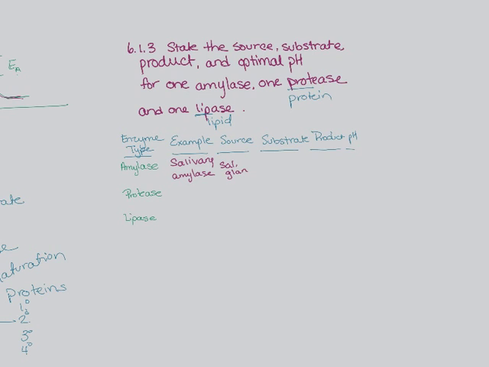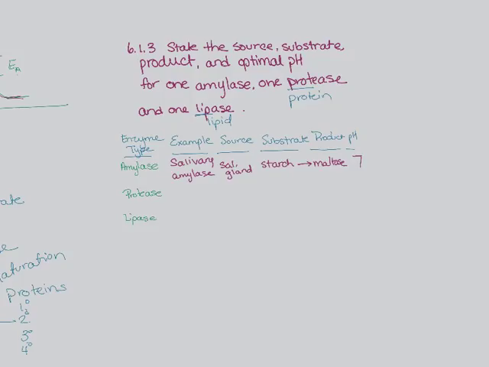For this, we're starting with starch, and we're breaking it down into maltose. Now think about your mouth for a second. What is the pH of your mouth? It's not very acidic like your stomach is, but it's neutral. And for that reason, our salivary amylase is going to work best at a neutral pH. All of that makes pretty good sense, I hope.